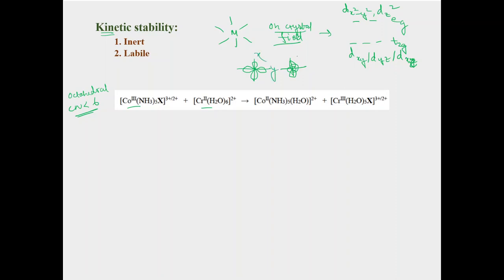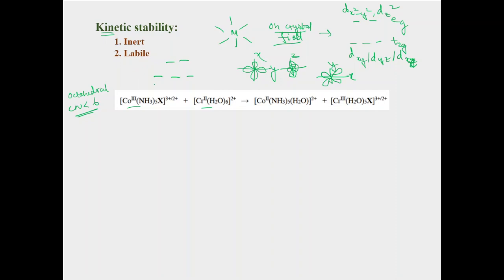So if we consider x, y and if we consider z here, dx square minus y square and dz square are like this, whereas for dxy, dyz and dxz, the lobes are present between the axes. Because of this repulsion, this Eg is higher in energy, and if there is any electron present in the Eg orbital, it makes that complex labile in nature. Okay, so that is one case when the complex is labile.